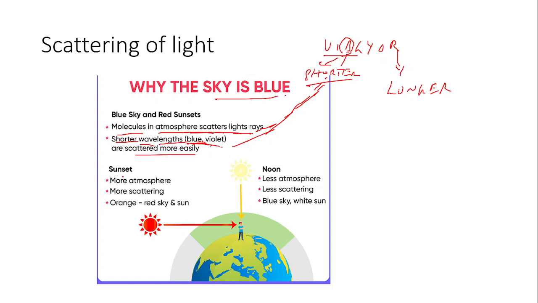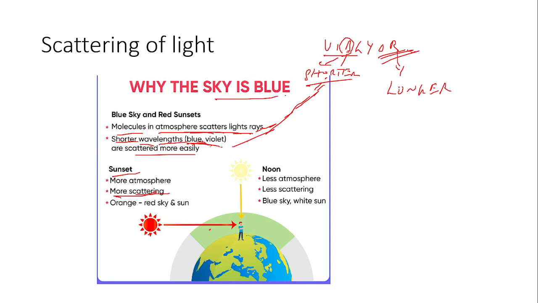But what happens during sunset, the sun is far, because of the atmosphere more scattering will be there. More scattering means the longer wavelength sun rays, that is orange and red, will be seen during sunset or sunrise.